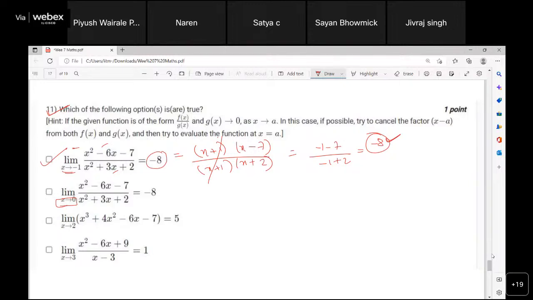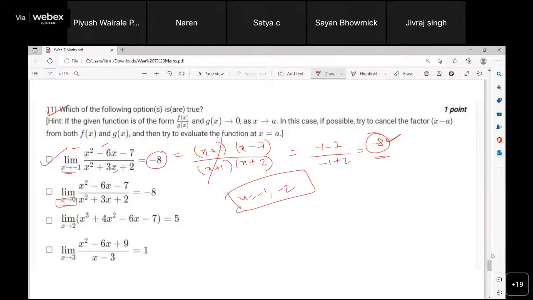We'll discuss that next week. Don't worry. This function is not defined when x equals -1 and -2, right? So the function is not continuous, but the limit exists.